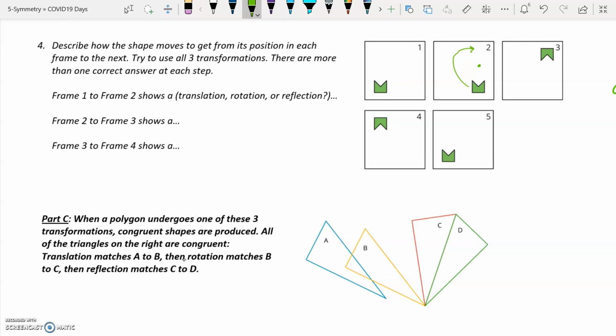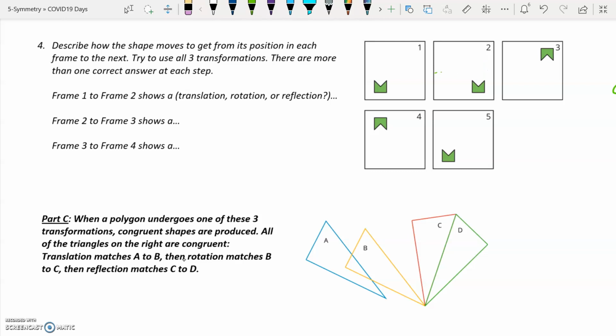Another way you could move the shape from card 2 to card 3 is by doing a reflection. So reflection also works for this one. Do a horizontal line and flip the shape over, imagine folding that piece of paper, and it would land on the top right corner up there, as shown in card number 3.